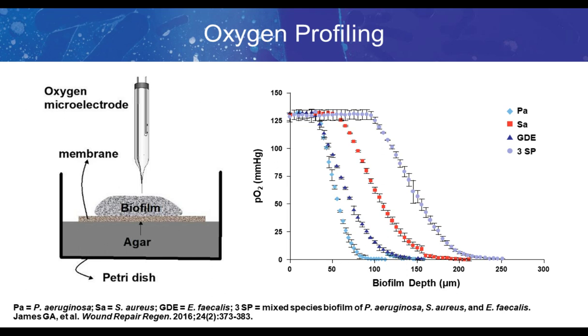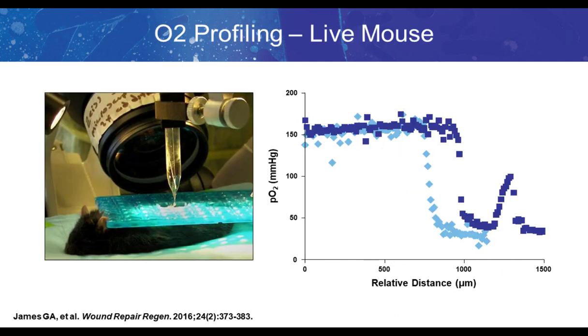And just to demonstrate that, I've got an example of some work we did with a live mouse. And here we have a Pseudomonas aeruginosa infected wound on the back of a mouse. And we're using the microelectrode to penetrate. And you can see the 2 different shades of blue are 2 different locations within the wound. But again, you see this steep oxygen gradient.